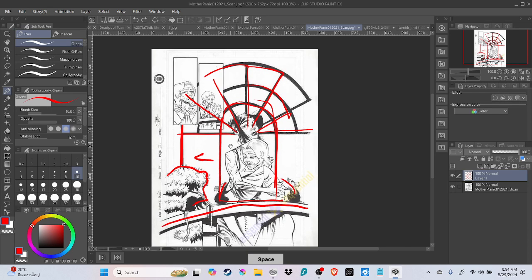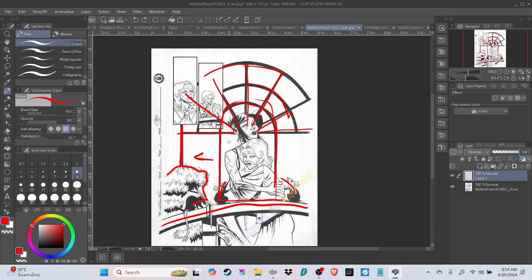So there's different ways you can think about the environment that the characters are sitting in and use those as basically ways to guide the viewer's eye to where you want them to look, right? Because there's a million different ways you could draw this scene. But what is actually visually interesting and visually impactful?